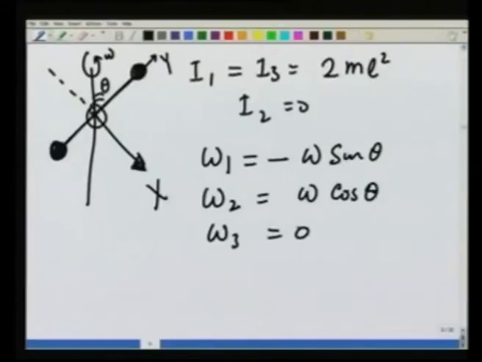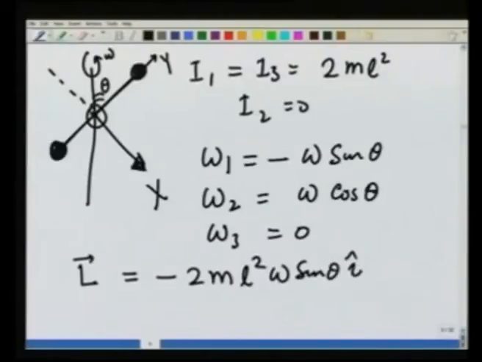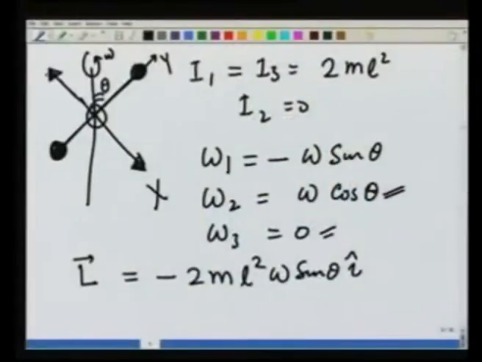Therefore, L is I1 omega 1, which gives me minus 2mL squared omega sine theta i, and the other two are 0, because I2 is 0 and omega 3 is 0. So, the angular momentum is in this direction at this point. As the body rotates, it will also come out of the plane, come out and go in again like this.